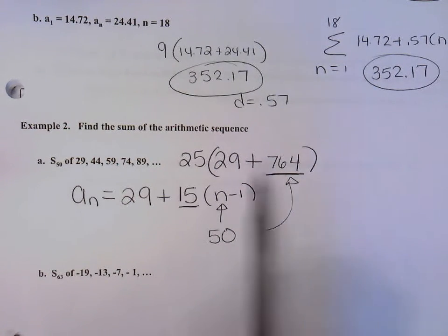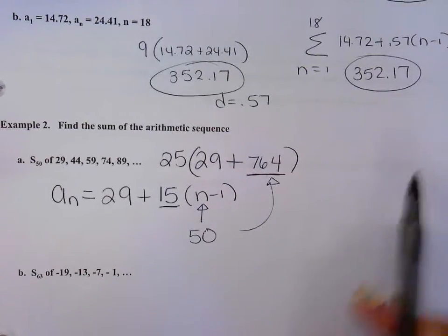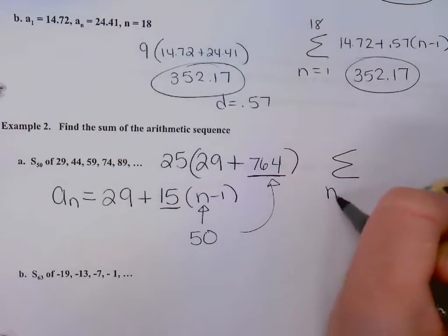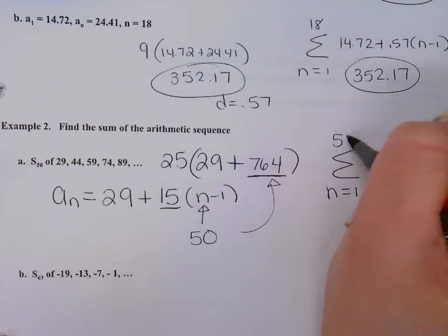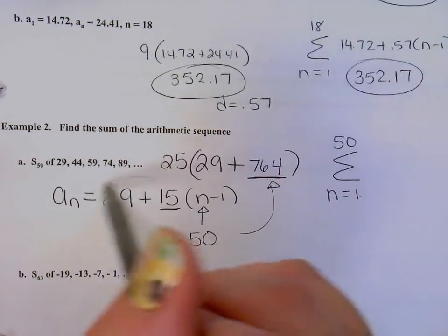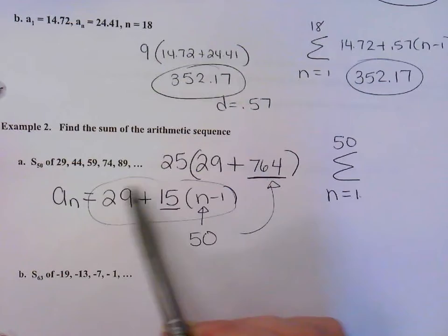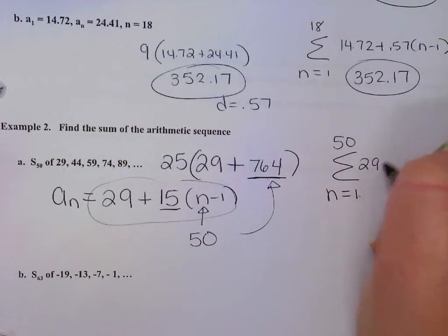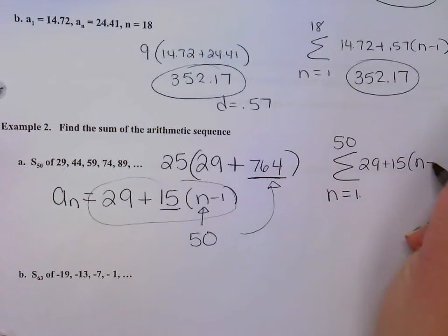And then this one is actually set up for you to do sigma notation really quick and easy, because you know that it goes from 1 to 50, and we just wrote our sequence out, right? So this is our sequence, 29 plus 15 times (n minus 1).